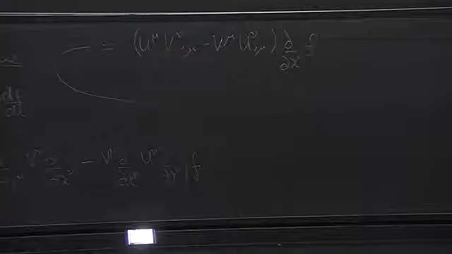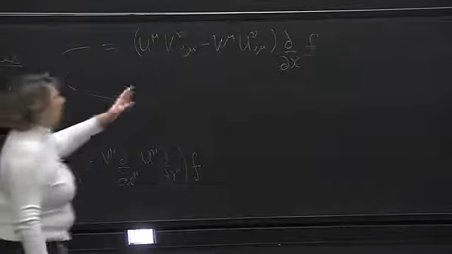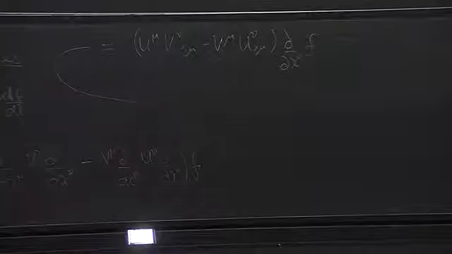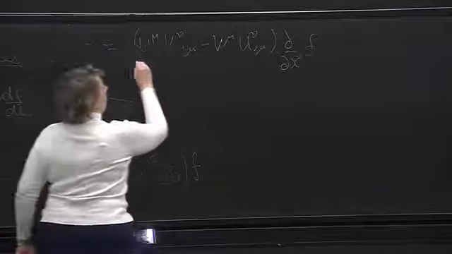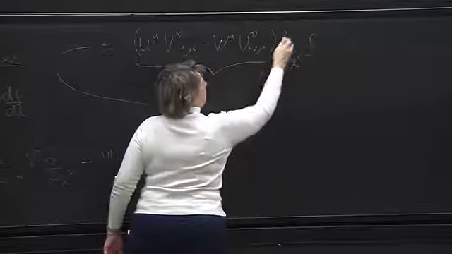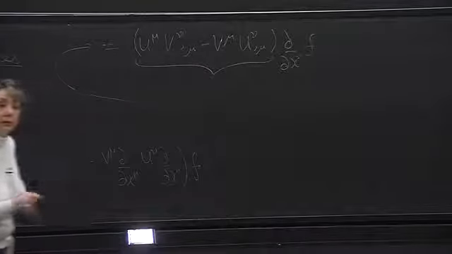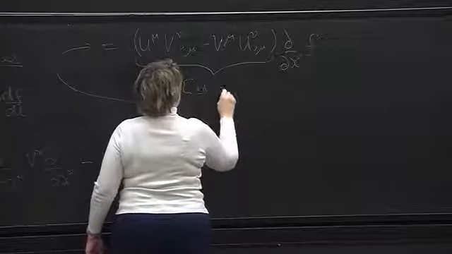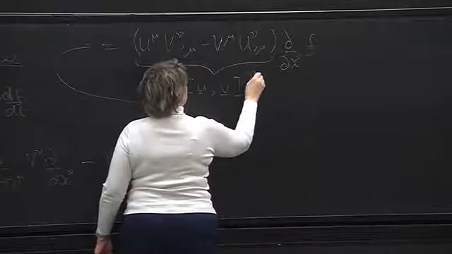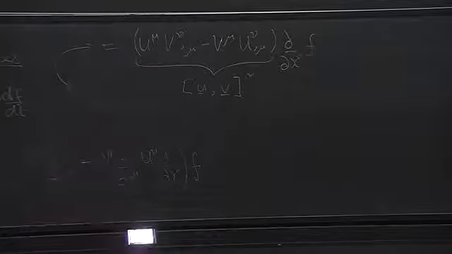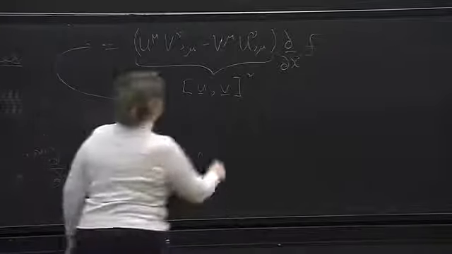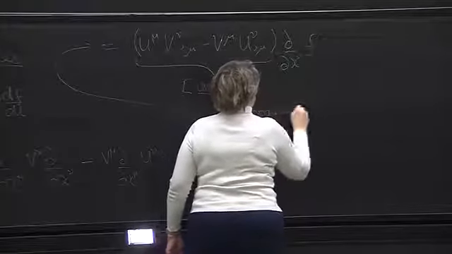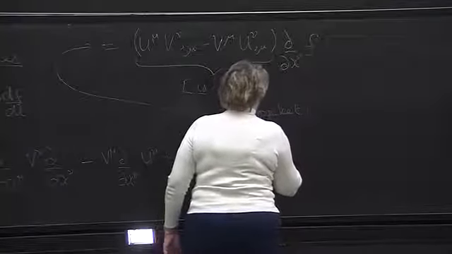I'm not sure whether you did this notation, but a comma just means a partial derivative. So here you see that these are the components of a new vector. We call this vector [u,v], and it is the Lie bracket or the commutator.